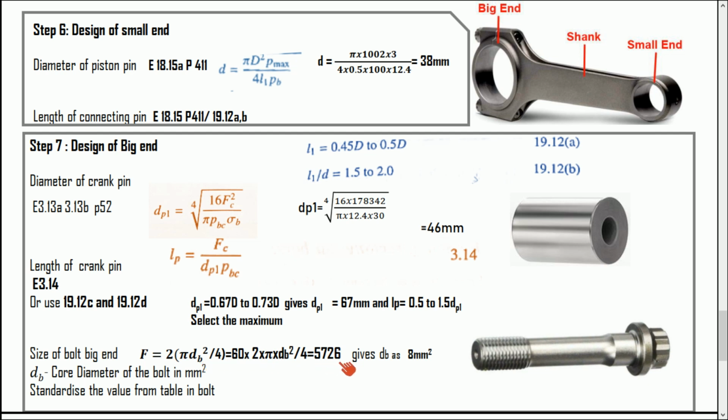So the value you are going to get is 8 mm square, the core diameter. Based upon that value, we are going to select and standardize the bolt using the tables available in the chapter on threads and fasteners.